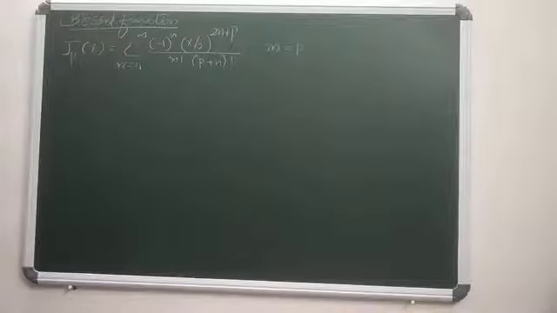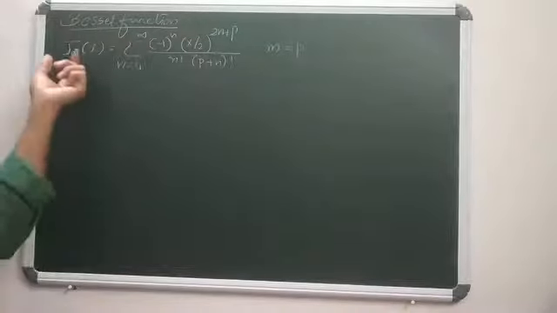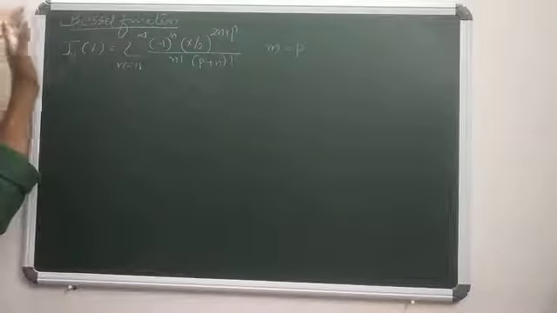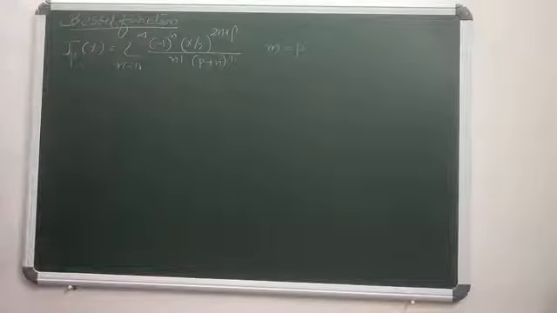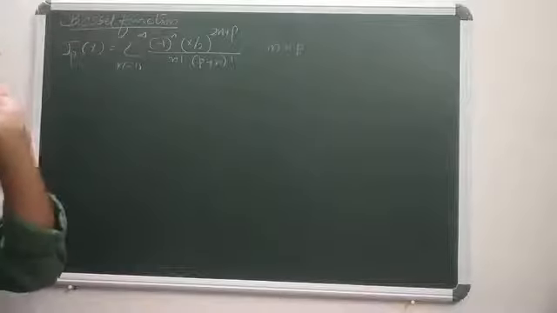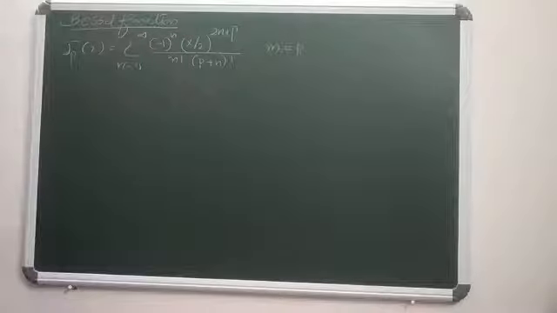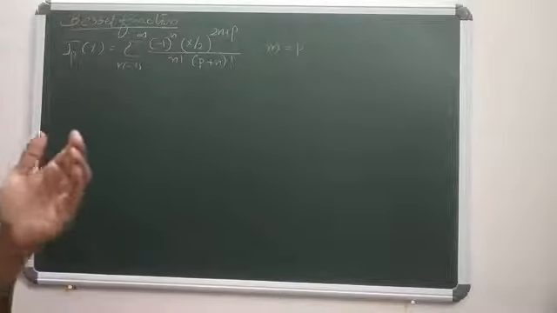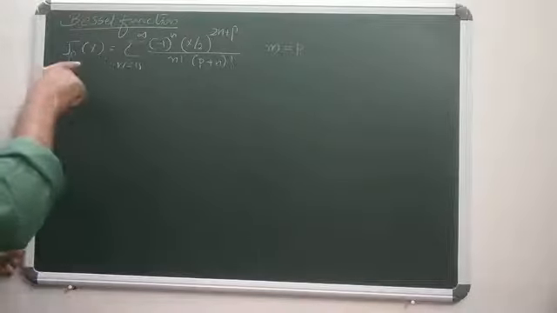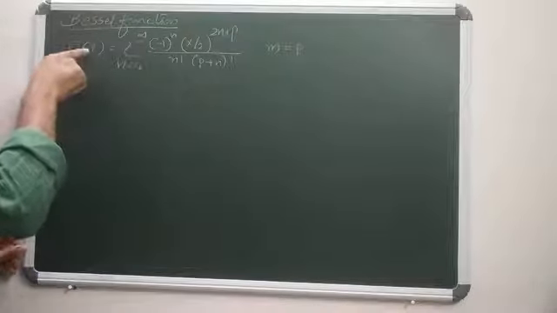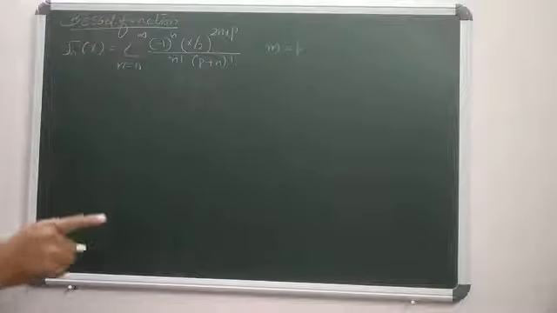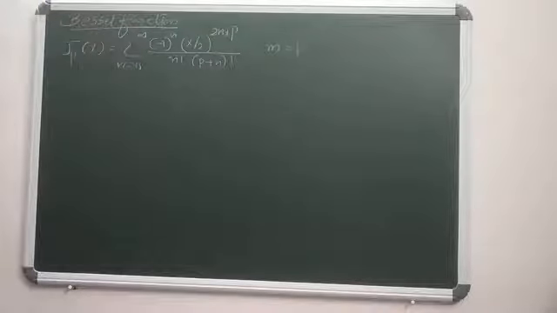So we have to find another solution which is not a constant multiple of this J_p(x), and that solution, if it exists, is said to be the Bessel function of the second kind. This is the Bessel function of order p of the first kind, and now we have to find another solution which is not a constant multiple of this J_p(x), which is known as the Bessel function of the second kind.